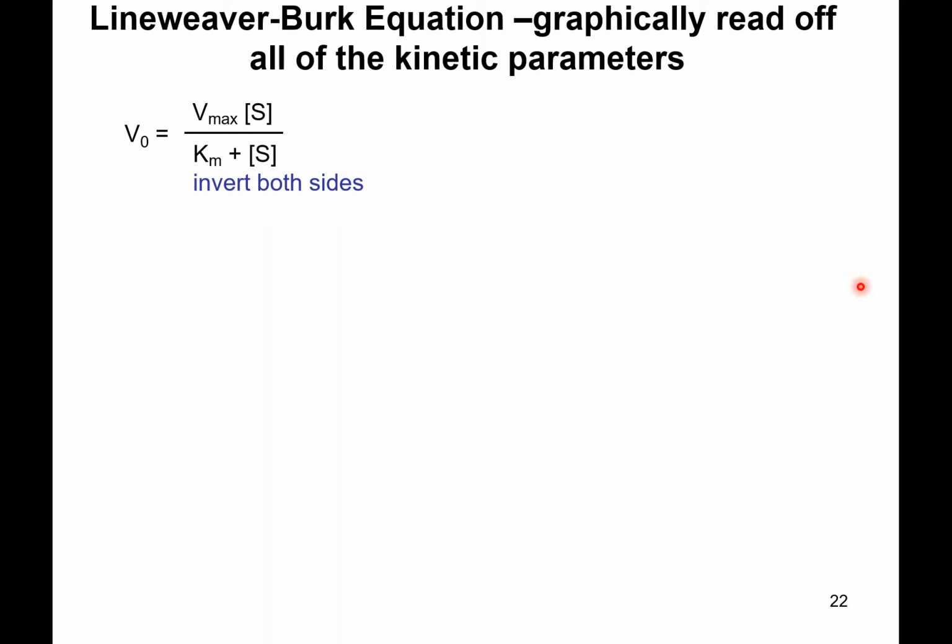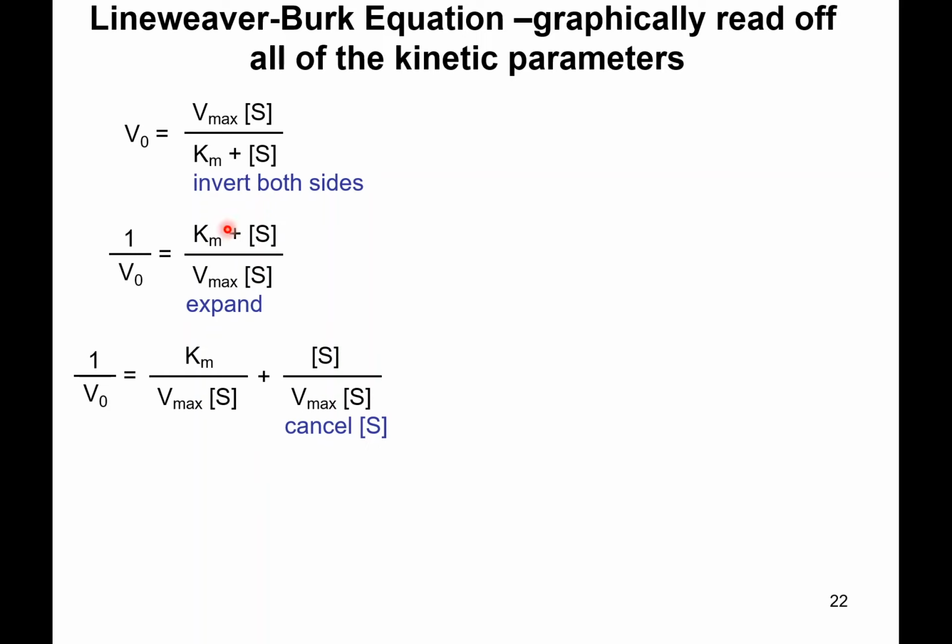And to derive this, we have our Michaelis-Menten equation, that's where we're starting from. If you invert both sides, so you have 1 over V naught, you can basically flip these around.